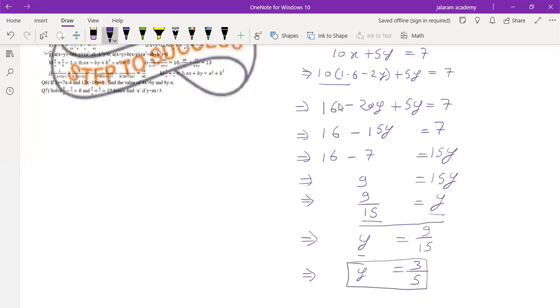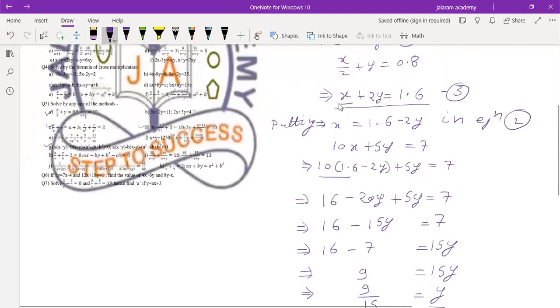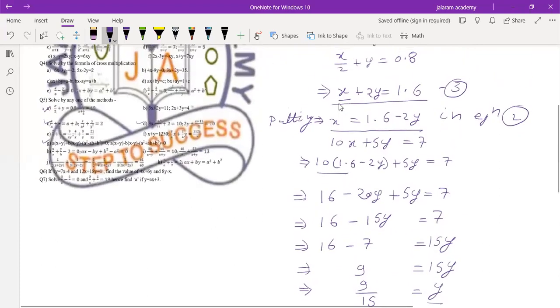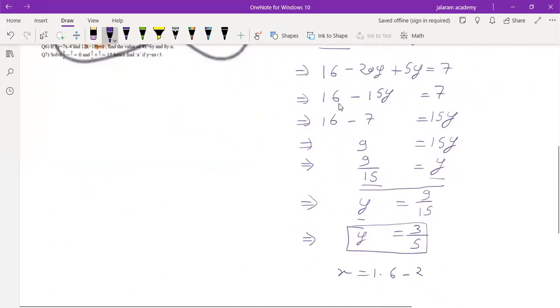And now using the value of y, from this we can find the value of x also. X equals to, given, 1.6 minus 2y. So as it is in decimal, we should find y also in decimal. 0.6.